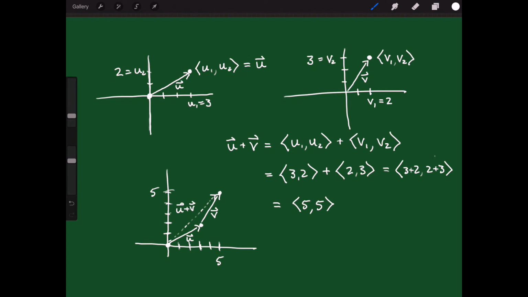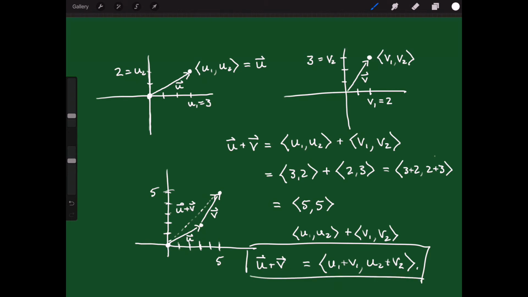In other words, if I want to add u1, u2 to v1, v2, I just get the vector u1 plus v1, comma, u2 plus v2. And that is how vector addition works.